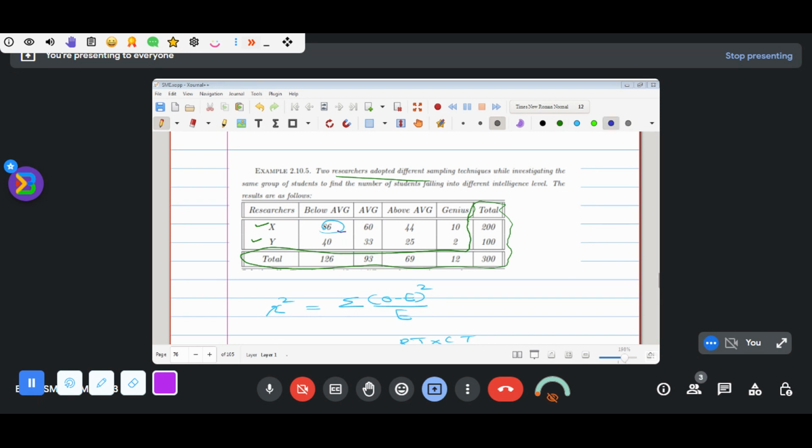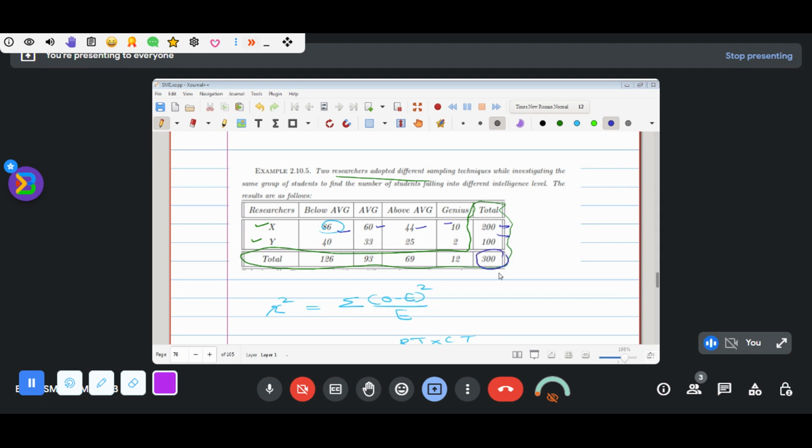Now what are the values? 86, 60, and also 44, 10. So 90, 130, 190, 10 means 200. That is correct. And 40, 33, 25, 2 means 100. 200 plus 100 is 300.